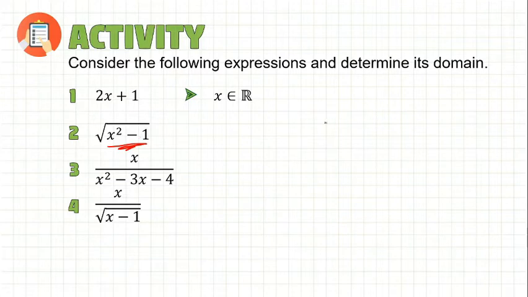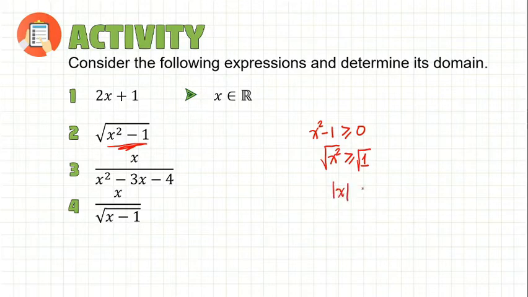Thus, we will have x squared minus 1 greater than or equal to 0, right? Now, it will follow that x squared is greater than or equal to positive 1. Now taking the square roots of both sides, the square root of x squared is just the absolute value of x, greater than or equal to the square root of 1, which is positive 1.